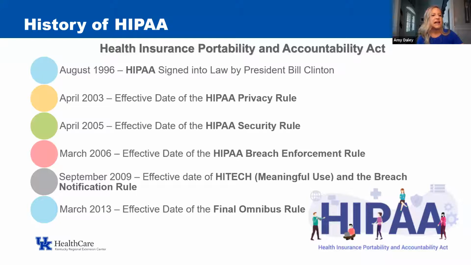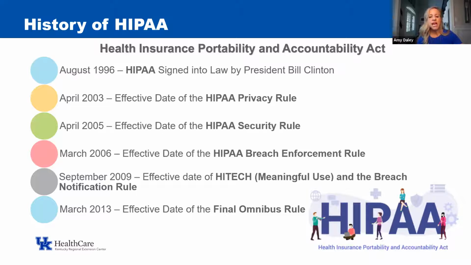Basically it gave the Department of Health and Human Services, which is HHS, the power to investigate complaints against covered entities for failing to comply with the privacy rule, and to fine those covered entities for avoidable breaches of ePHI due to not following the safeguards laid down by the security rule.